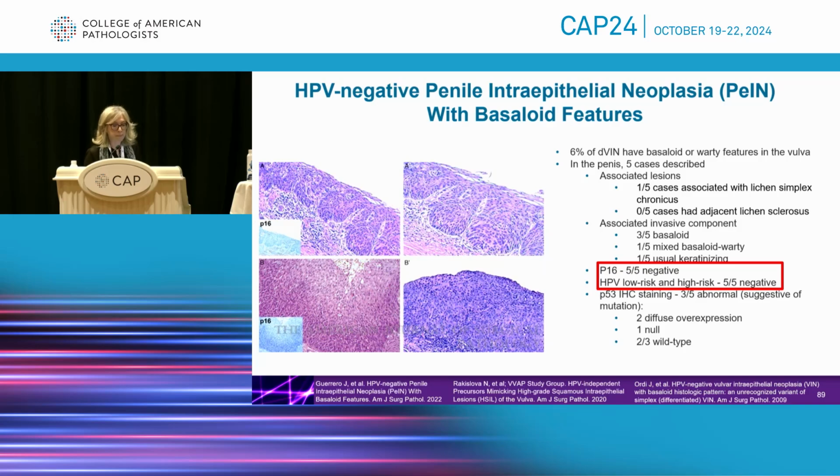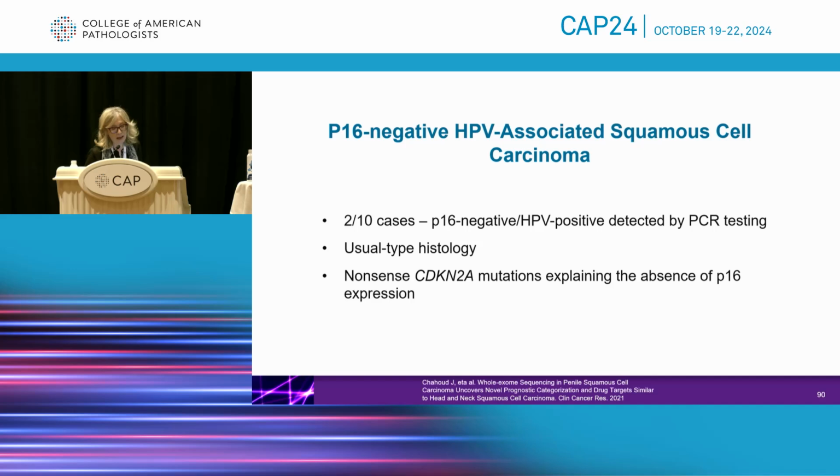And then, as we would expect for HPV negative, most of these cases actually had alteration of P53. So keep that in mind. And keep also in mind that cases of HPV-associated squamous cell carcinoma with P16 negativity have also been described. These were P16 negative but HPV positive by PCR, and the P16 negativity can be explained by a nonsense CDKN2 mutation in these cases.